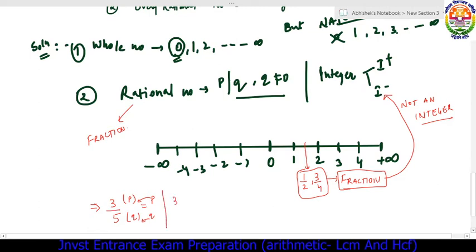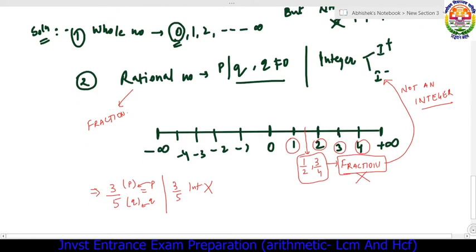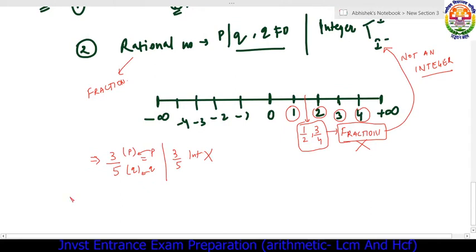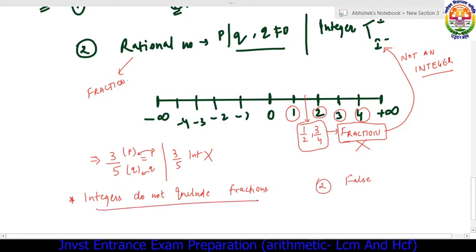But if I say 3 by 5 is an integer, it's false, because integers do not include fractions. Note: integers do not include fractions. So the second part's answer is false.